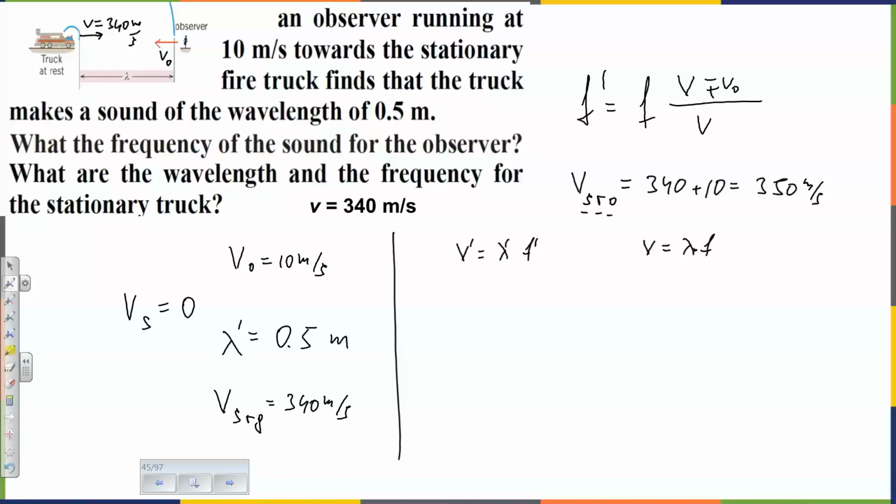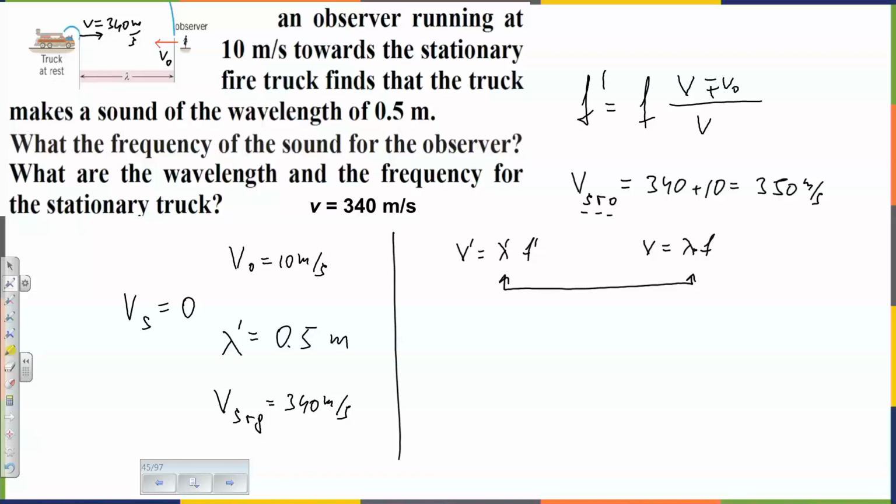So what will be the same? We always start from the same. Something is the same. Anybody? Wavelength. When the source does not move, the wavelength cannot be affected. So this is the same number.